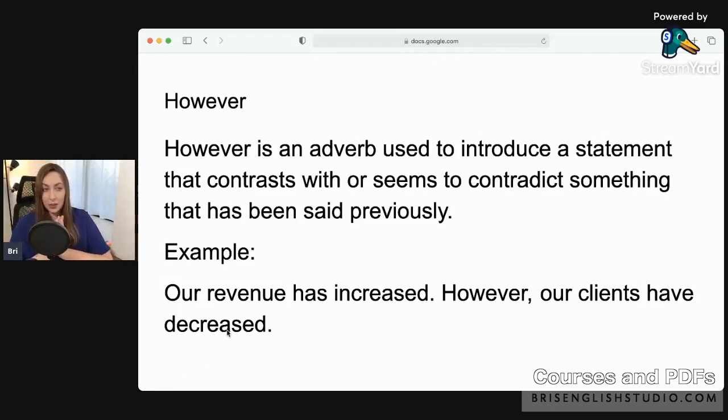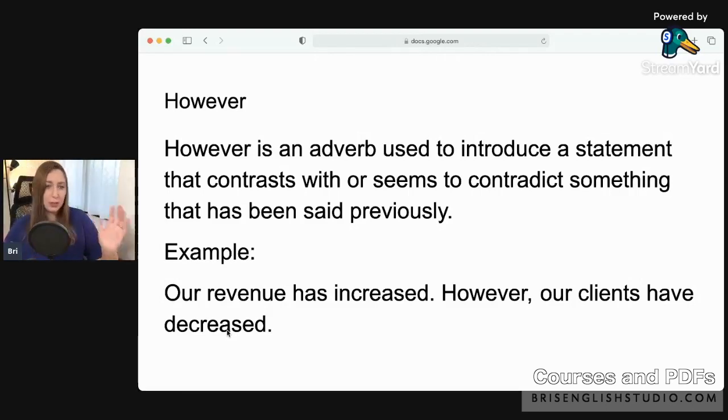You can also use a comma and make it one sentence, or sometimes you can use, what is it called? No, I can't remember that thing. So our revenue has increased. However, our clients have decreased. This is generally more formal.